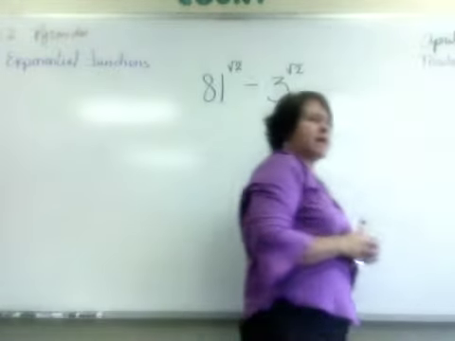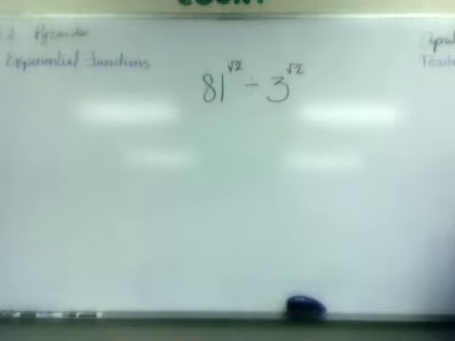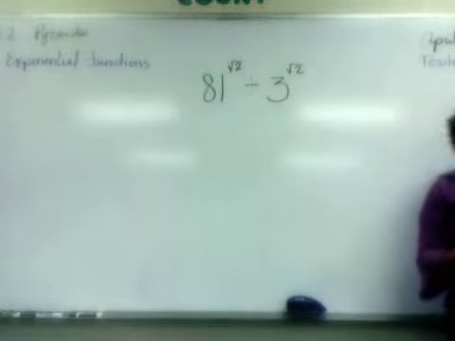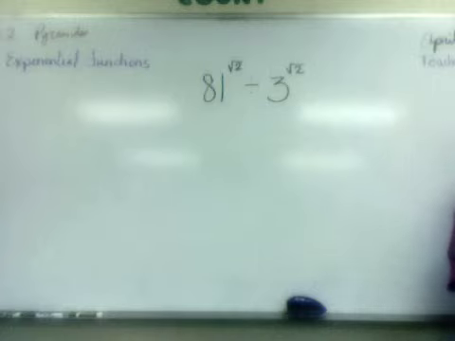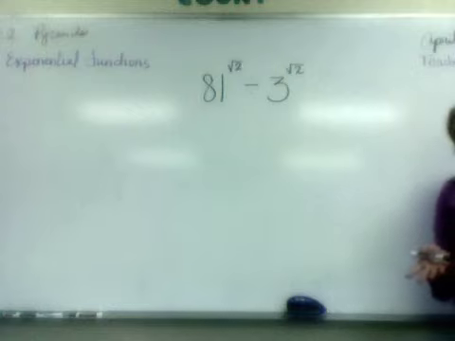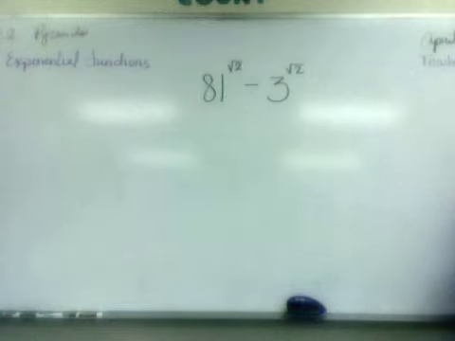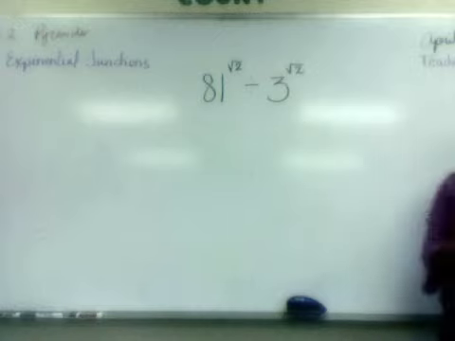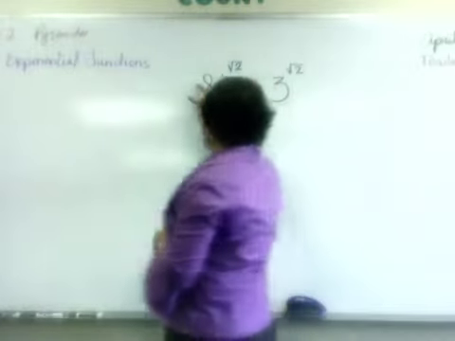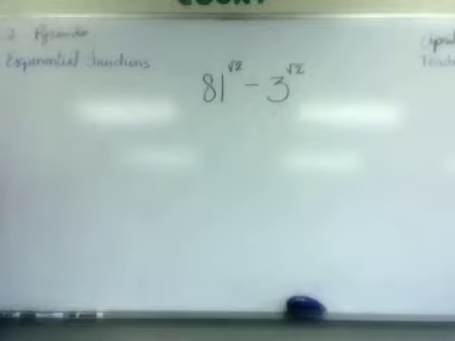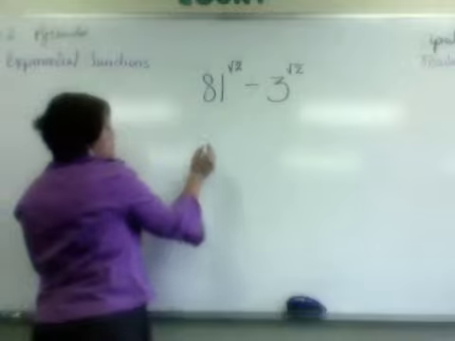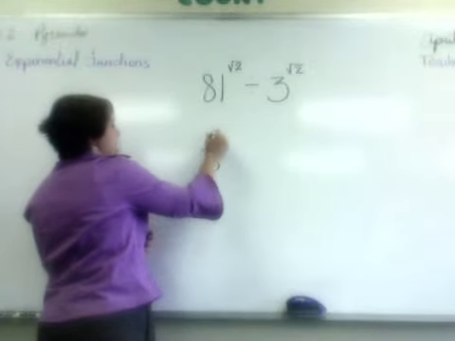Before I can start saying, okay, this is division, I need to subtract the exponents. What's the problem? The bases are not the same. In yesterday's lesson, we learned how to make the bases the same. We need to take 81 and make it 3 to the something power. Well, what is 81 as 3 to the what? 3 to the 4th power.